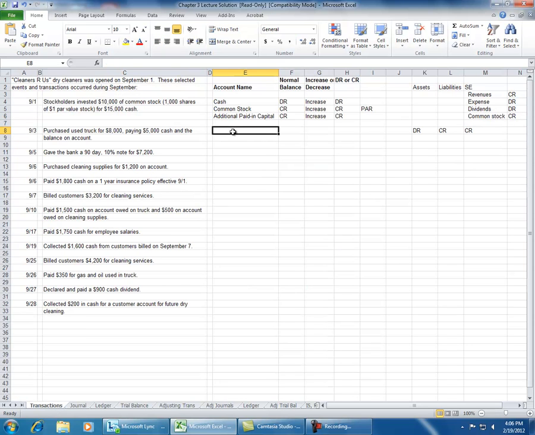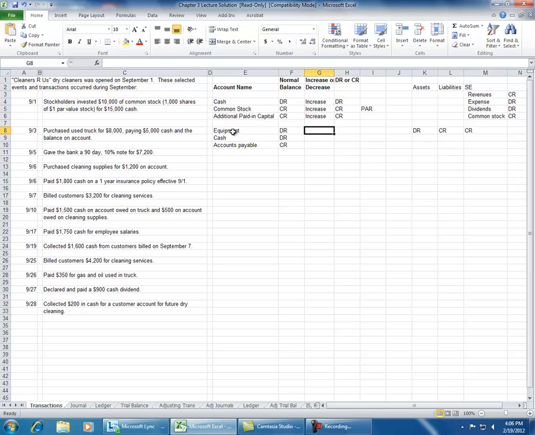The next one, we've got a purchase of a used truck. So we'll have equipment, and we're going to pay cash for part of it, and the balance is on account. Balance would go into accounts payable. Equipment's a debit balance because it's an asset, and cash is a debit, and accounts payable is a liability, so that's a credit.